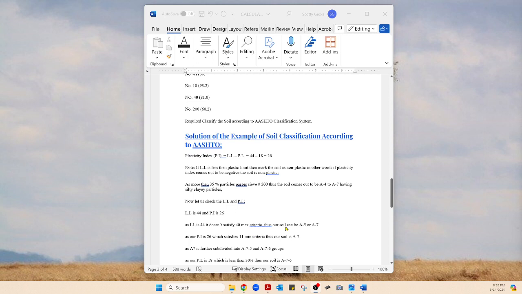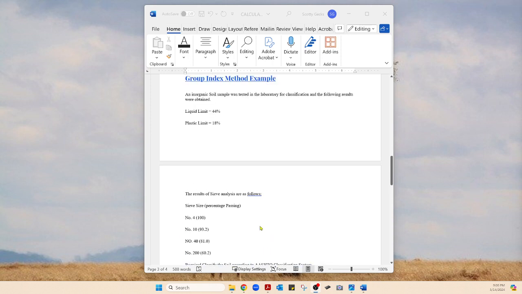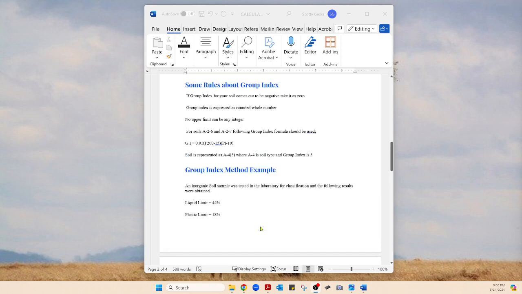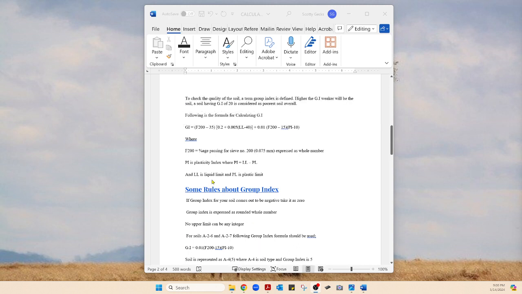All you've seen so far is just a big problem, and I haven't had time to relate it to the formula. I don't want to call this a formula because it's not. It's actually, when you break it down, when we do a group index, we're simply taking this side, the granular, mostly the structural soils.